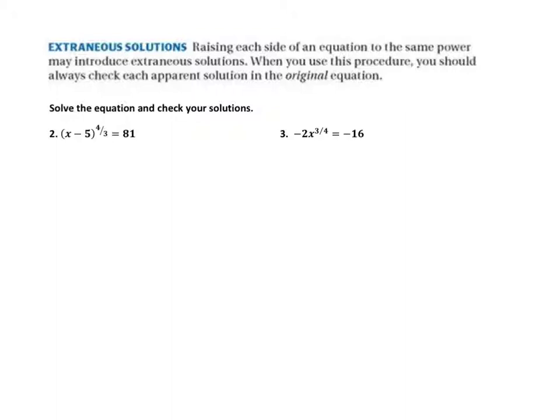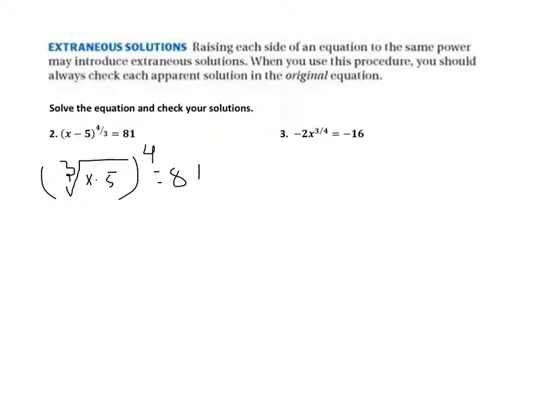So let's take a look at this. Isolate it. Okay. This one's a little different because it's not just a root. So let's take a look at this one way. If I said this is the cube root of x minus 5 to the 4th power.